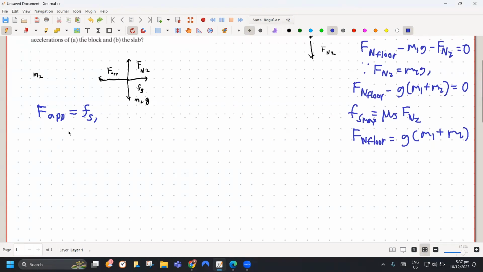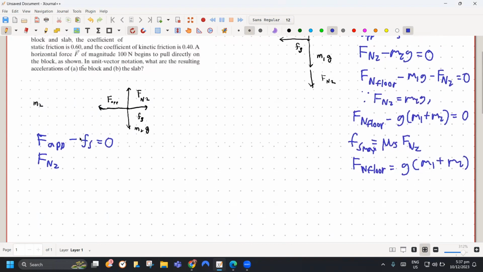Bakit F applied is equal to, wait, di ba nag-accelerate din yung M2? Okay. Imagine mo yung system, hinila mo sila. Kung static yung friction, dapat sabay silang gumalaw with the same acceleration. So F applied minus Fs is equal to M2 times A.